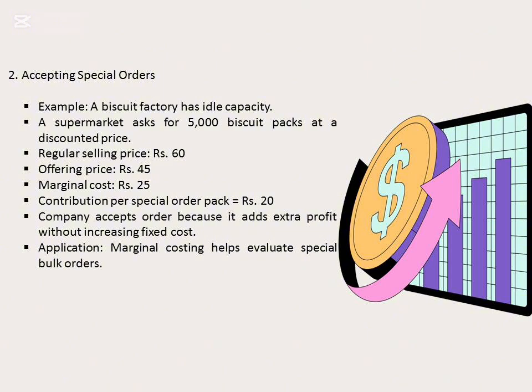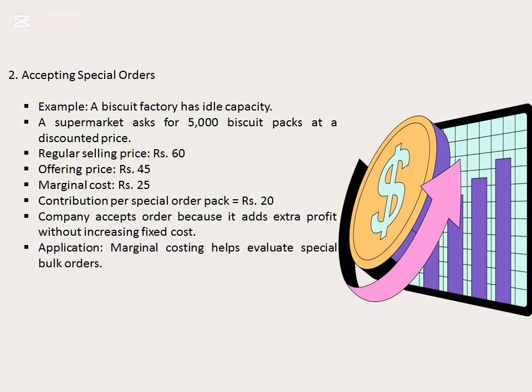Second subtopic is accepting special orders. A biscuit factory has idle capacity. A supermarket asks for 50,000 biscuit packs at a discounted price. The regular selling price is 45 rupees. The marginal cost is 25 rupees.